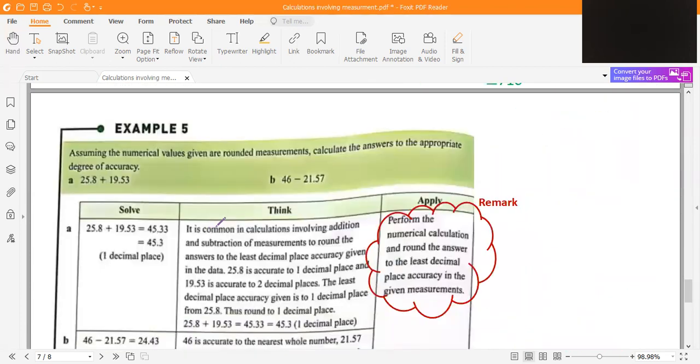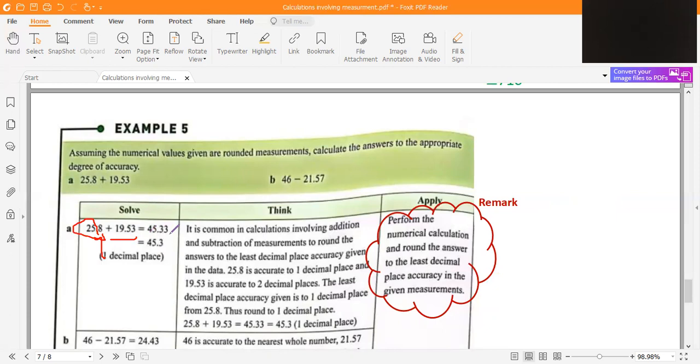But if we base our idea on the degree of accuracy, on the number of decimal places, for example, here we have three decimal places, here we have one decimal place, and here we have two decimal places. So normally we round to one decimal place, the least decimal place accuracy in the given measurements.